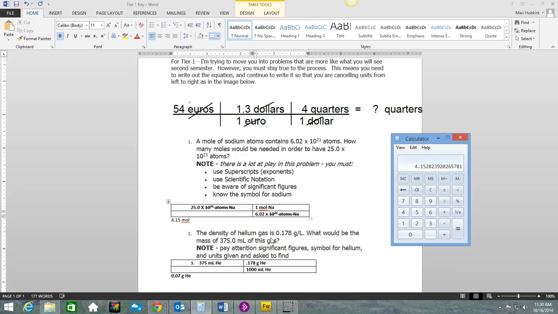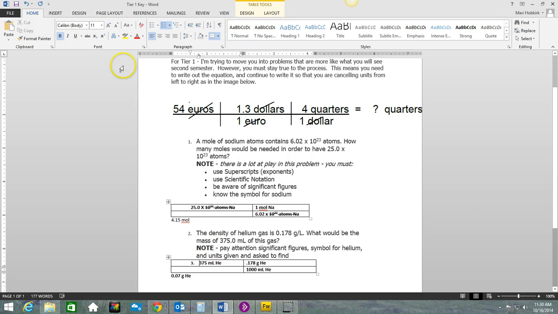So density, and this one was hard because you had 2 units here. You had grams and liters. But the question was, what would be the mass of this amount? So this is what we have, and we're trying to get to grams.